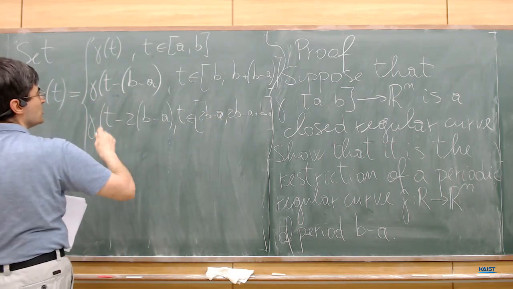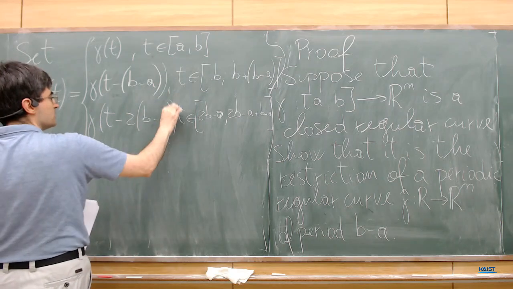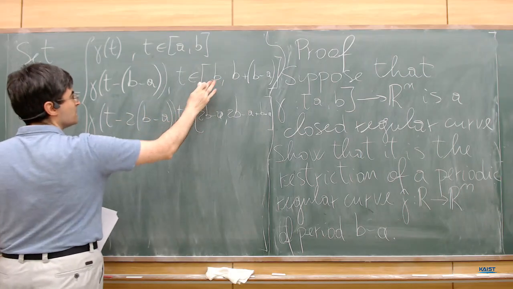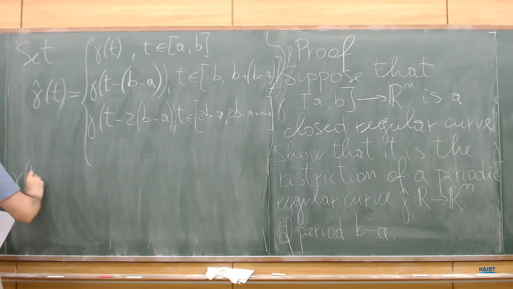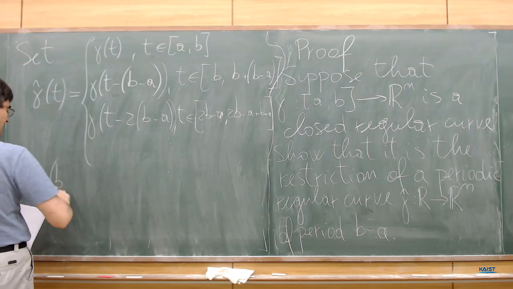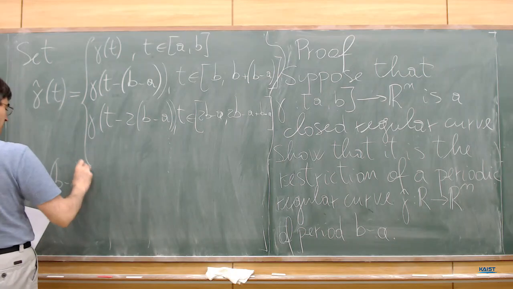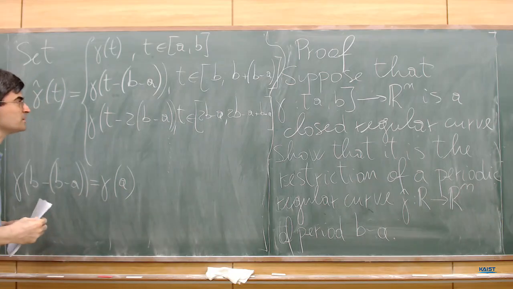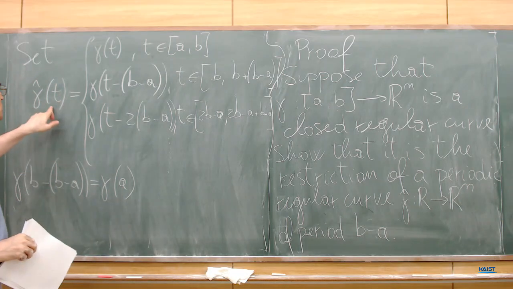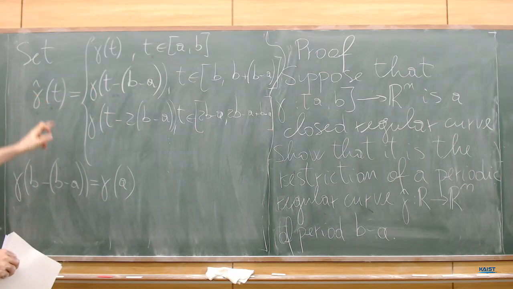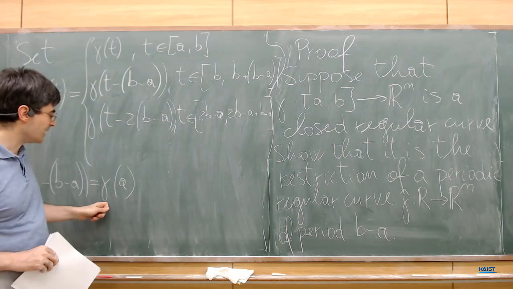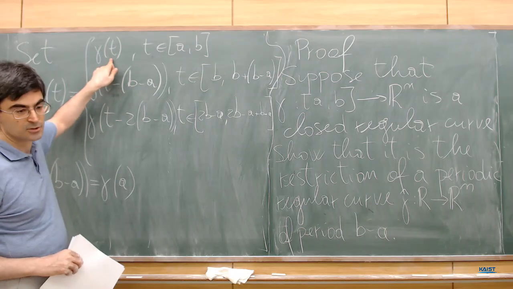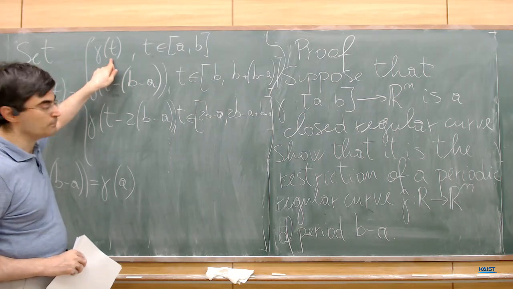I made this choice because if you evaluate this function at B, you will get gamma of B minus (B minus A), and this is gamma A. So this portion of curve gamma hat starts at gamma A, which is exactly the endpoint of the first piece of curve.